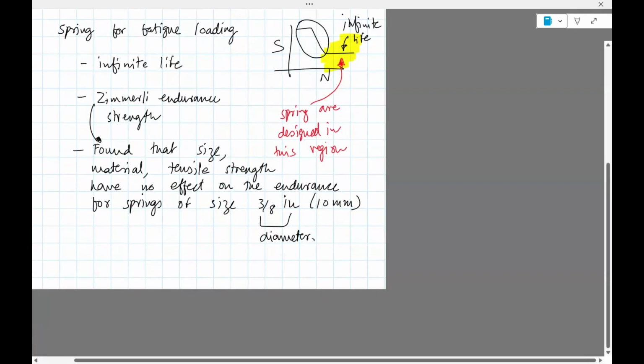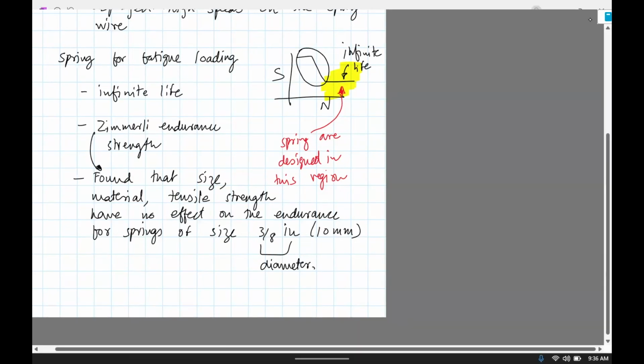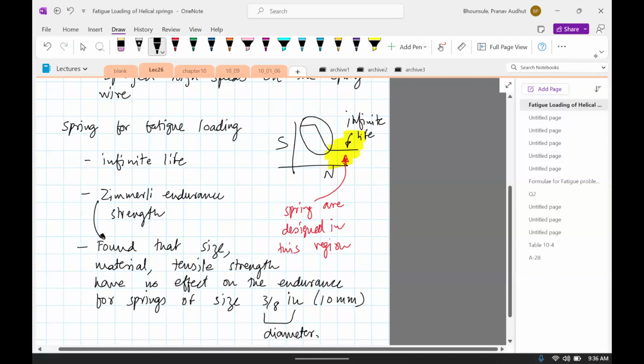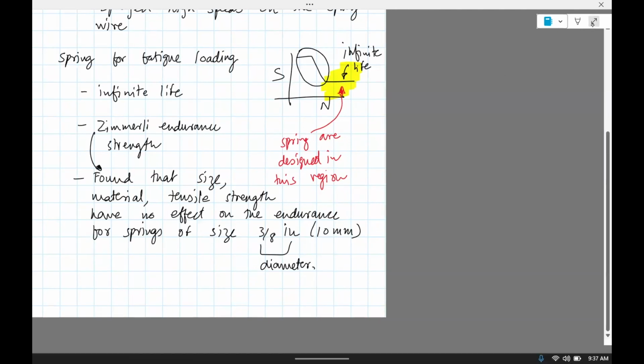Okay, so this course has always been about doing empirical tests, creating formulas and plots, and then using those plots and tables to design things. So what he did was the following.